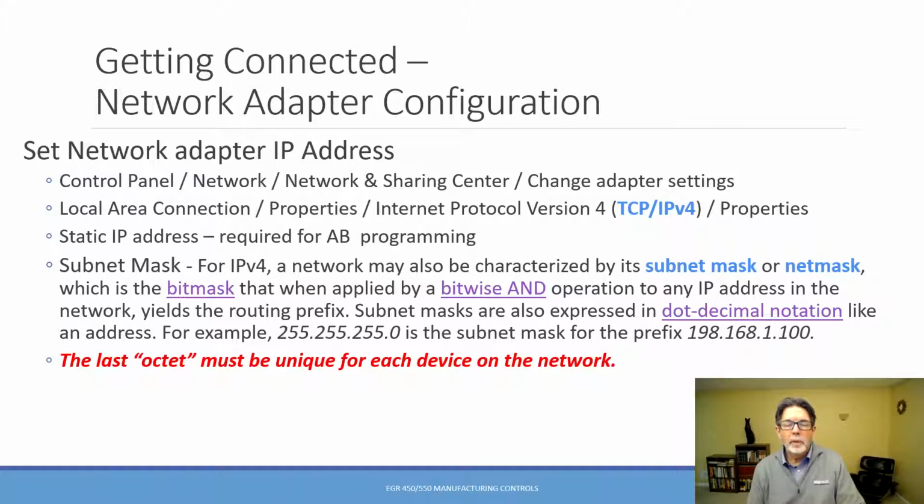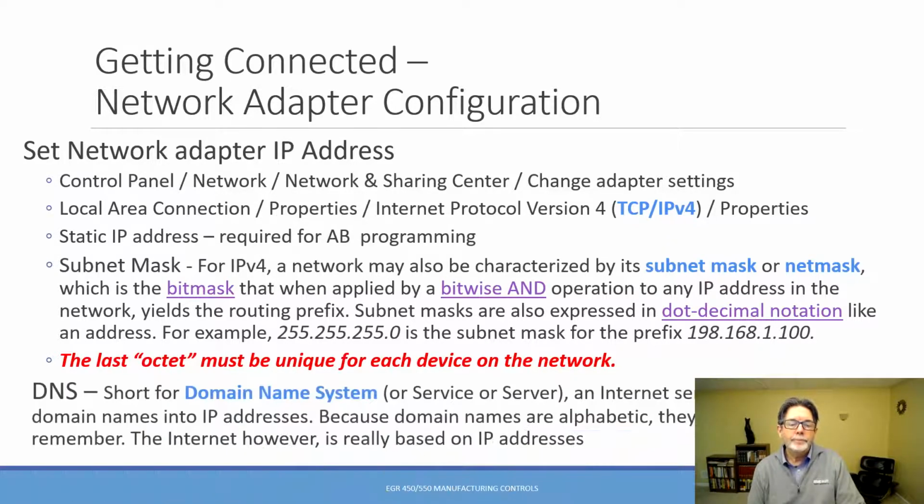So we would want all numbers that are in the subnet 192.168.1 and all of the octets from .0 to .255, which would be 256 devices, 0 to 255. So the last octet has to be unique for everything on our network, and we want to filter out everything else with the subnet mask.